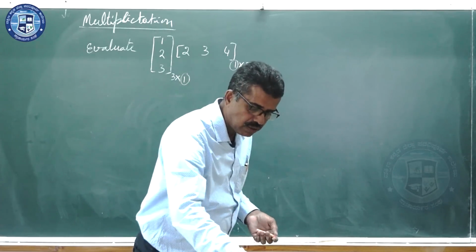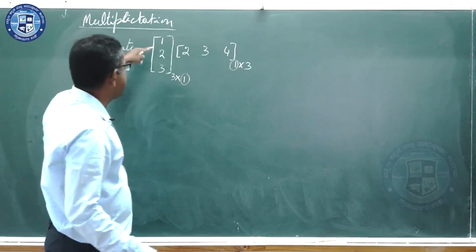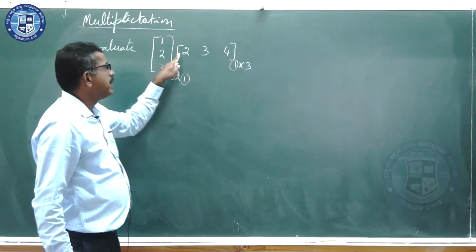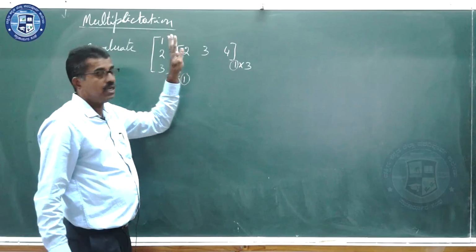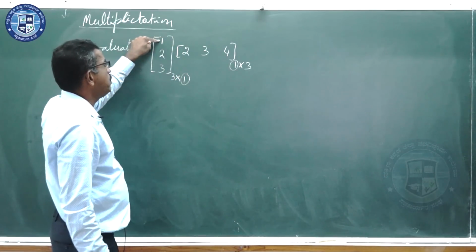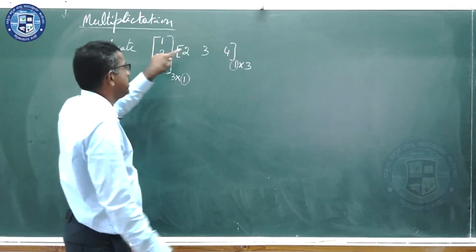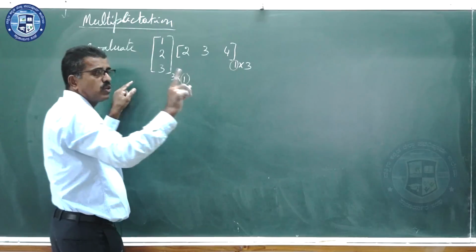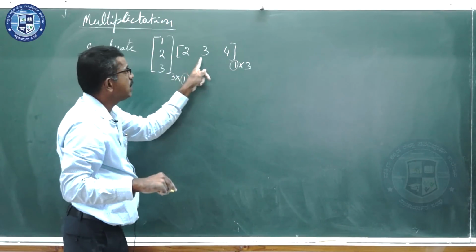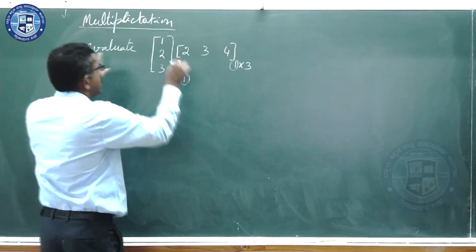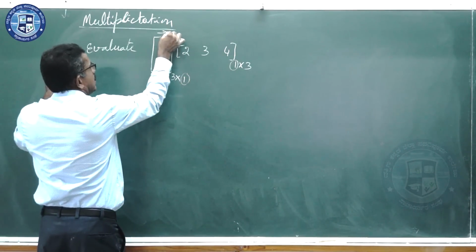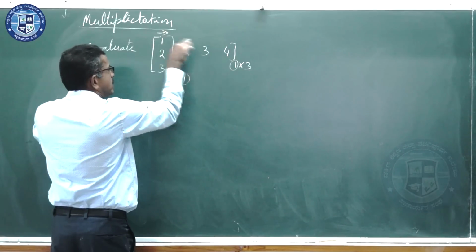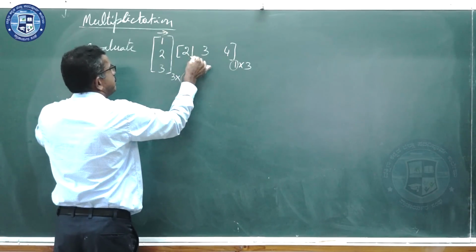So let me take the rows of the first matrix and multiply with the columns of the second matrix. Each row has only one element and each column also has only one element. Let me use the notation like this: this arrow mark, here row wise it goes and here column wise.